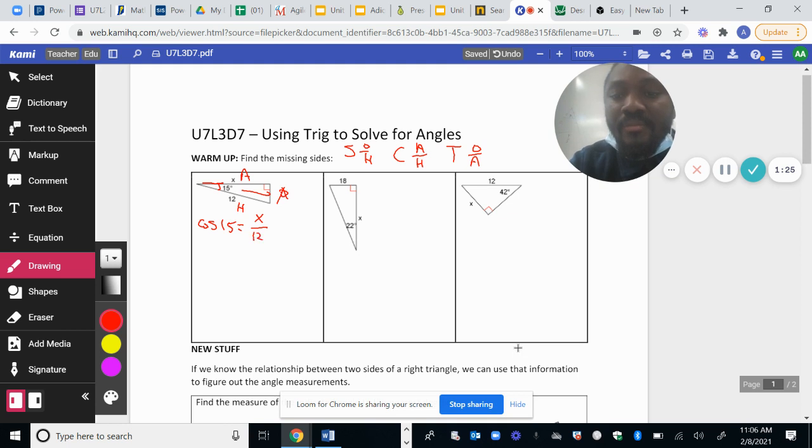H is 12. Then please kindly always write the cosine or sine or tangent over 1, so that when you cross multiply, it's easier to see. So 1 times x is x, then you have 12 times cos 15.